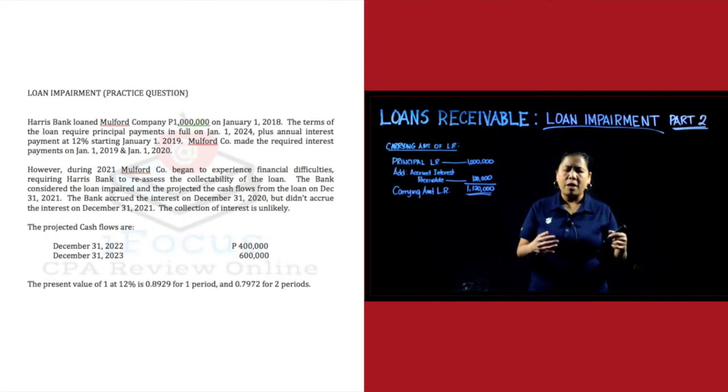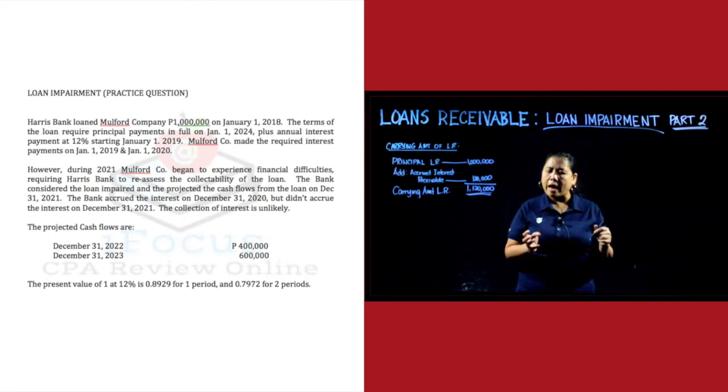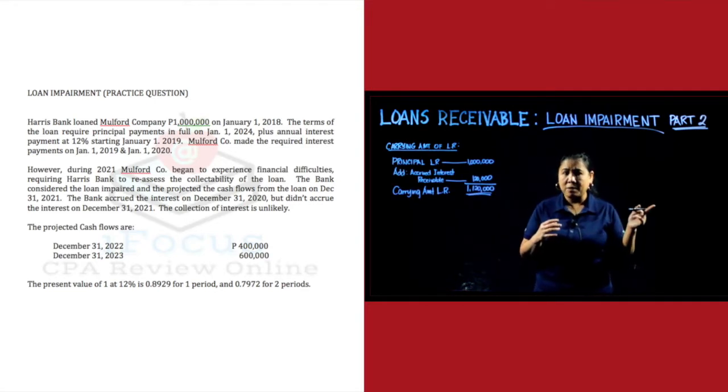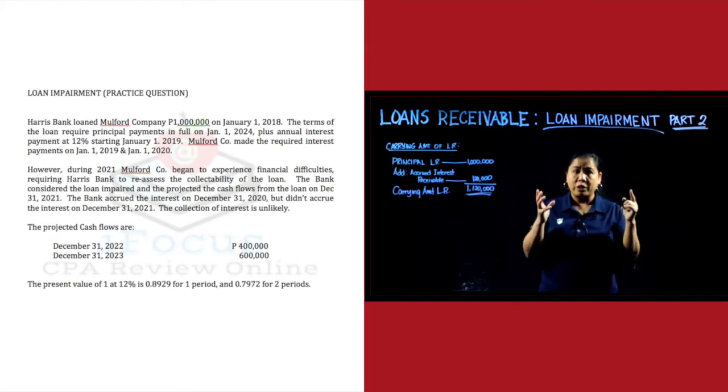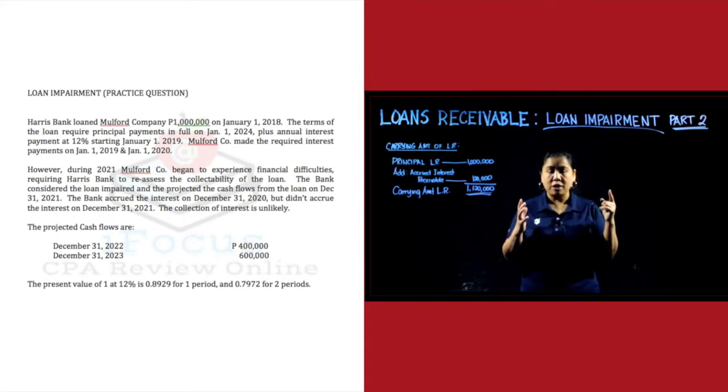So, sa problem natin, it says the projected cash flows are December 31st, 2022. Next year pa yan, babayaran niya si bangko ng 400,000. So, makakabayad pa siya ng buong principal na inutang niya, pero hindi na niya ito babayaran ng lump sum. Ang gagawin niya is babayaran niya ng 400,000 next year at babayaran niya the following year pa yung 600,000.